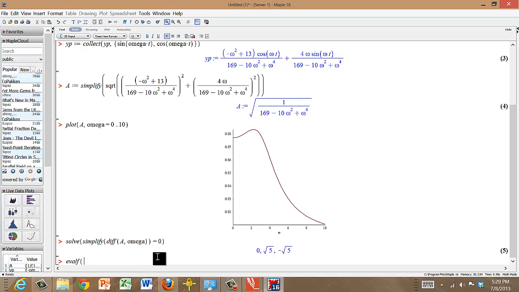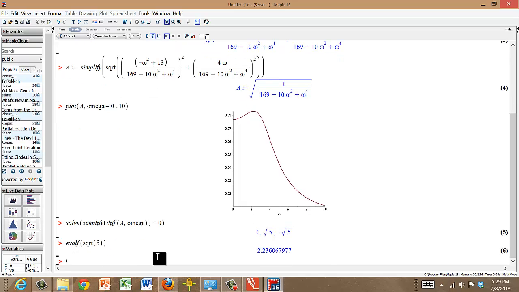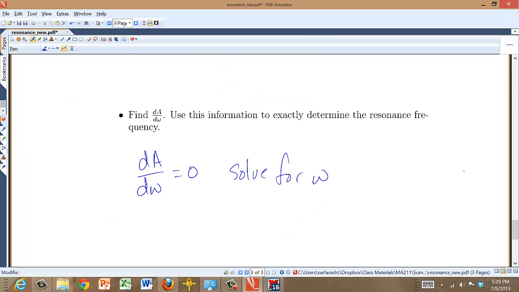If I wanted to approximate it, I could do it like that. It's 2.23. So our graphical approximation was pretty good. If we had decided to zoom in, we could have done much better. So our resonance frequency is at omega equals root 5, which is about 2.23.